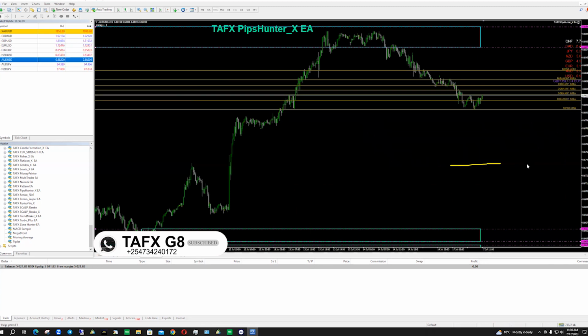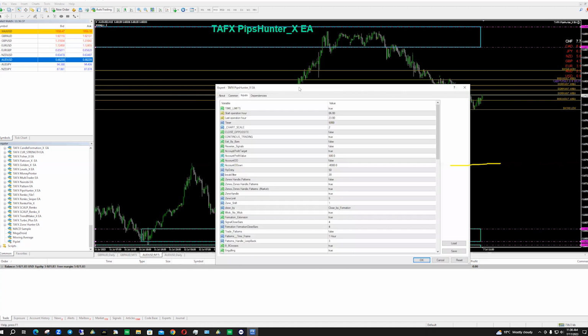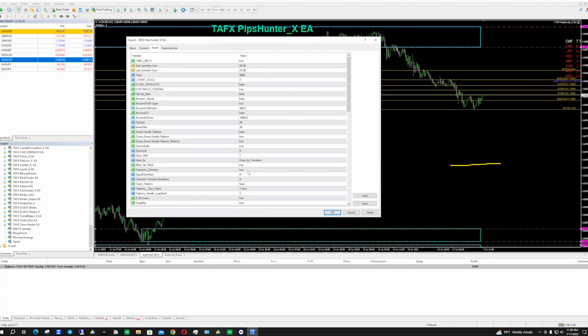Now, let us go to our settings and see how I will set that. How will I set this EA in order to trade high and low after confirming the supply or demand zone? So let us double click here and go to our settings.